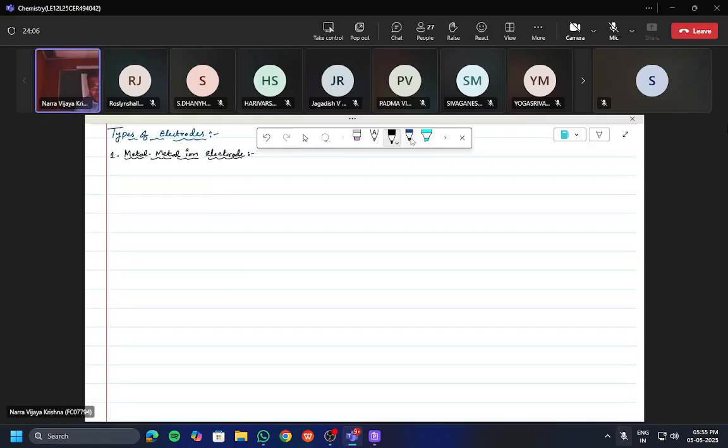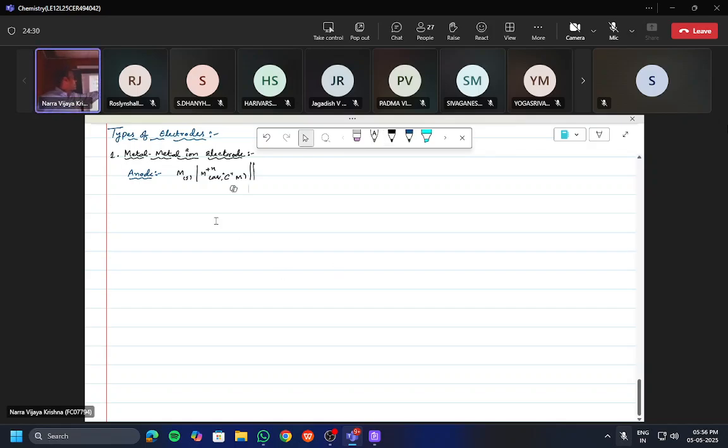If I consider this used as anode, can I represent it this way? M, M plus n aqueous of concentration C molar, salt bridge.